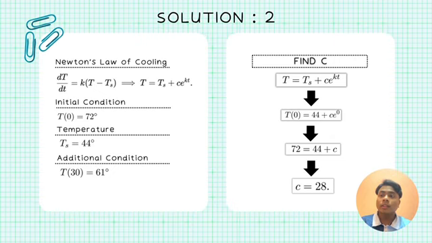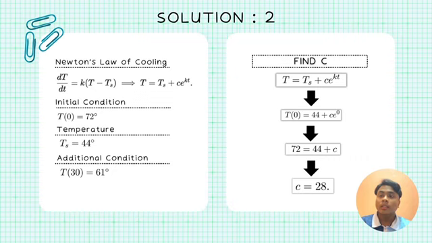First, we need to use the general equation from Newton's law of cooling, which is T equal to Ts plus Ce^(kt), where T is the temperature at time t, Ts is the surrounding temperature where Ts equal to 44 degrees, and C and k are constants to be determined.